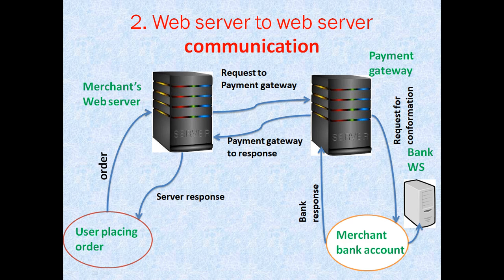For that it has to send a request to the payment gateway. With the payment gateway, the merchant's bank account should already be authorized by the bank web server. Once that is done, the payment process can be done successfully. Once payment is completed, the purchase of the item can be completed successfully.